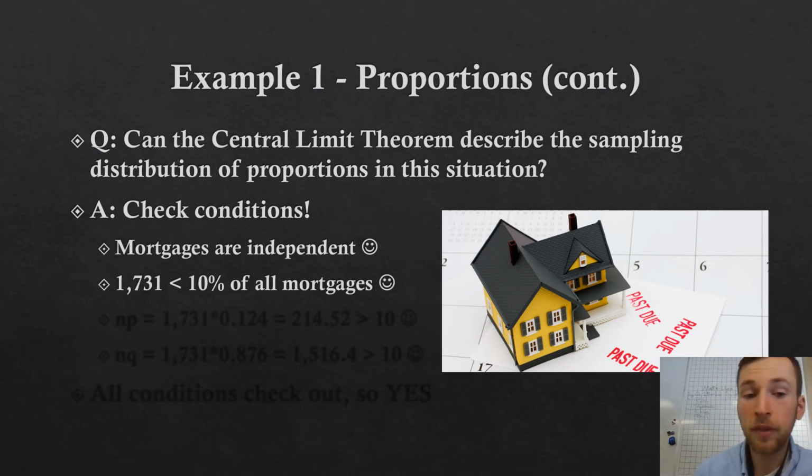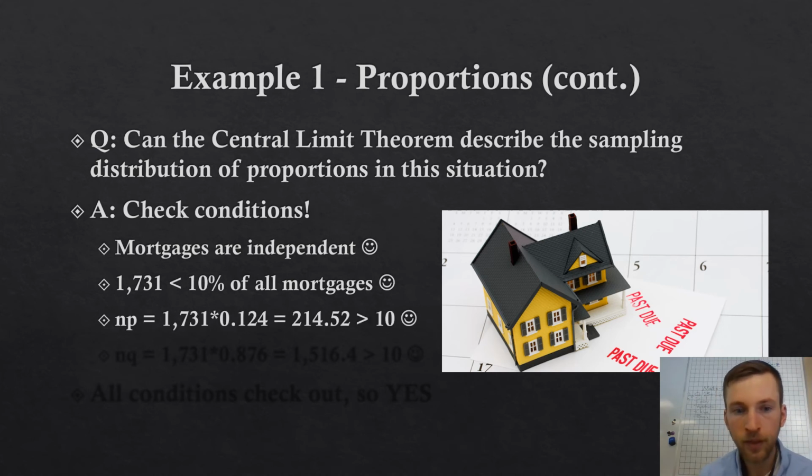Now, also, if we think about 1,731, or our sample size for this one bank, that is probably going to be less than 10% of all mortgages in the United States, okay? Oftentimes, you are not going to be given what that actual number of mortgages in this case is, but in the US, there's like millions of homes, so there's probably millions of mortgages. So we're pretty safe on that one.